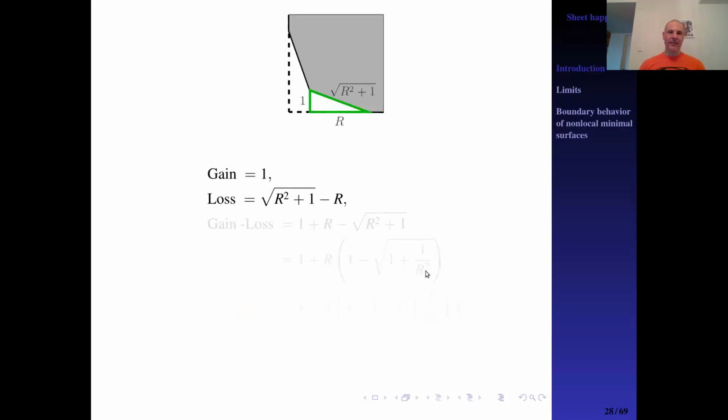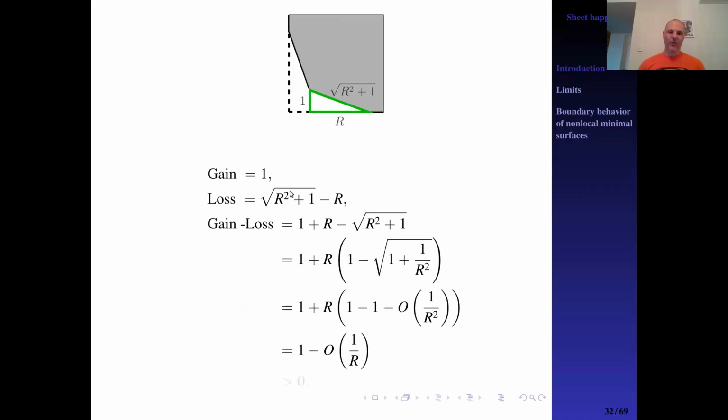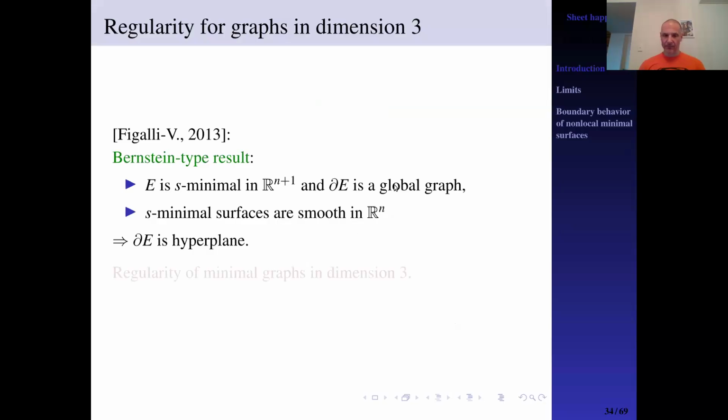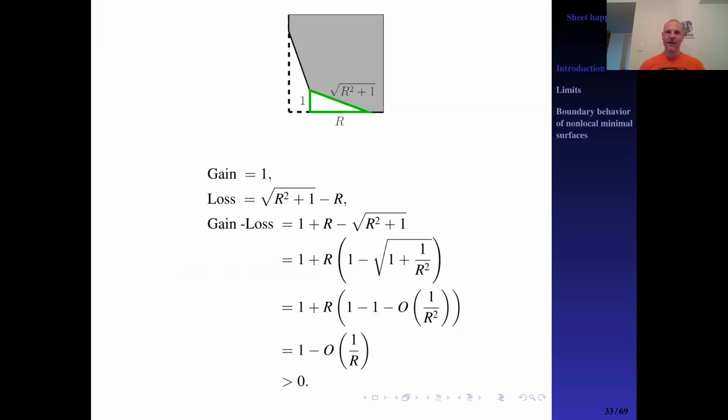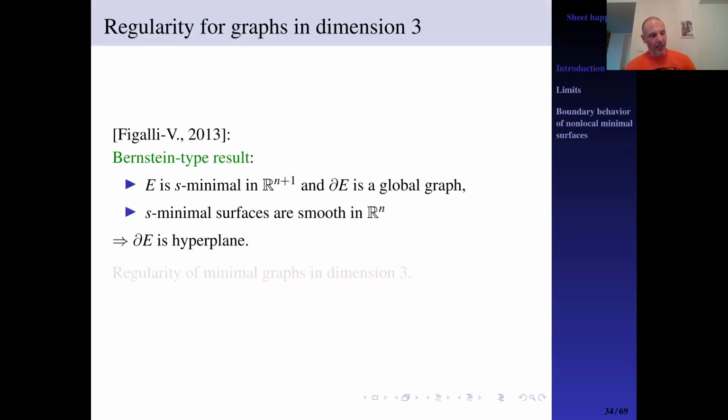And so you can see that the difference between the gain and the loss between the two competitors is 1 plus r minus the root of r squared plus 1, which is going to be positive if r is large enough. Now, this is just a picture, okay? But the fact is that the picture can be extended and a rigorous proof can be made.